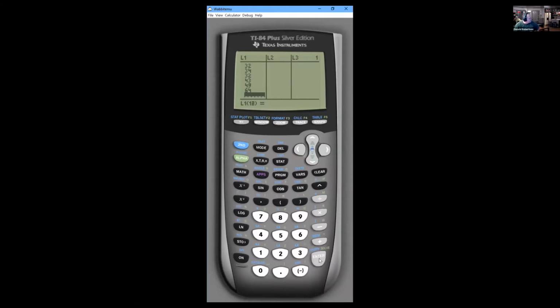Okay, so I got the data in, right? This is a sample, so I want the sample mean and the sample standard deviation. So where's that? Tell me the buttons I need to press to find that. Stat and then calc. And number 1.